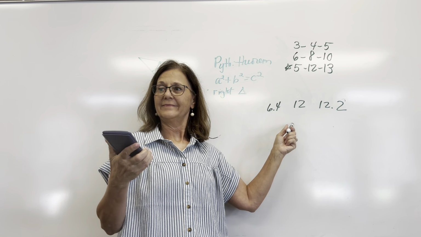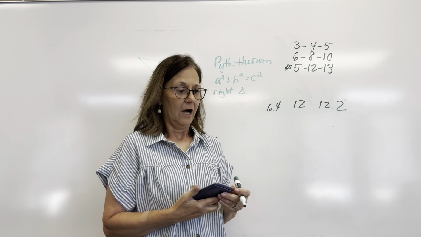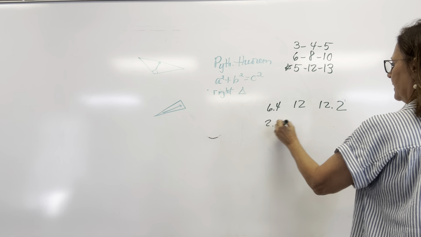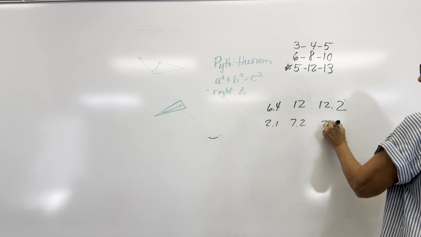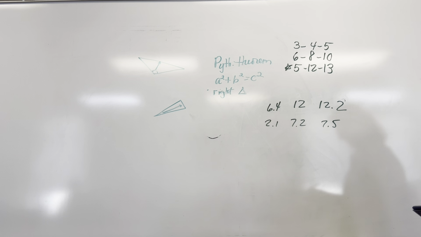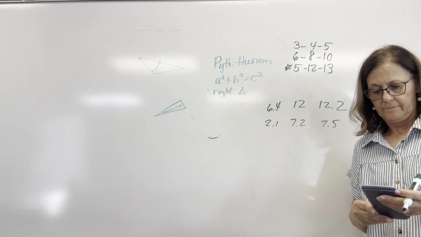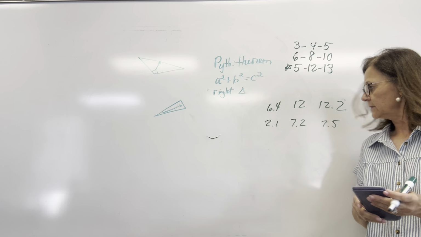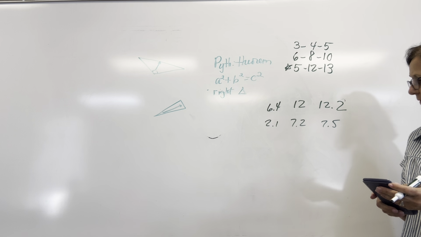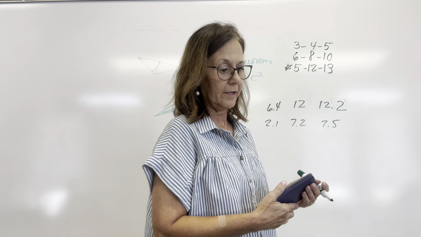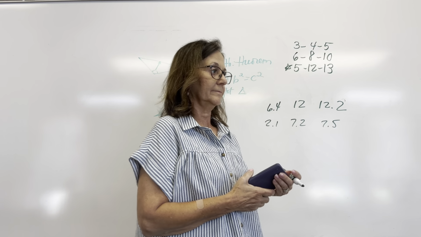Yeah, it is not. All right, what about number 6? 2.1, 7.2, and 7.5. Is that a right triangle? No.